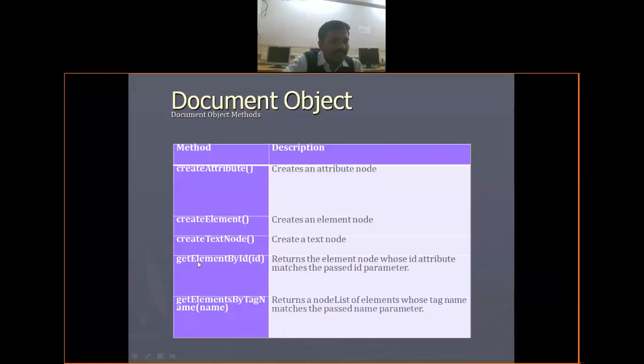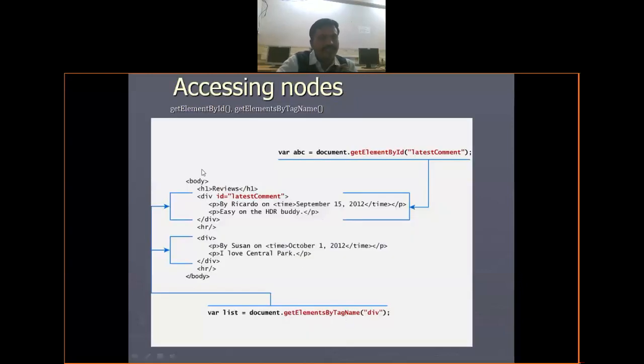This is a method where you specify the id, and you name it, and it automatically gets it. It returns the element node whose id attribute matches the passed id parameter. getElementsByTagName returns the node list of elements whose tag name matches the passed name parameter. So this is an example of how we can find elements by tag name and id name.